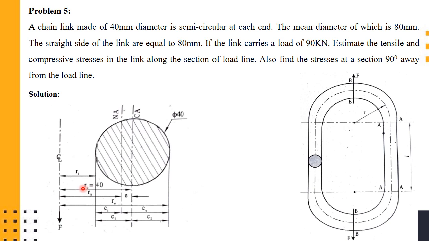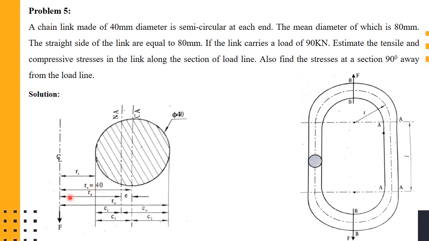You can mark the radius of the centroidal axis here, and from the center line of curvature to the inner surface will be marked as Ri, and from the center line of curvature to the outer surface will be R naught, right? R naught will be the radius of the outer surface, and Ri will be the radius of the inner surface.